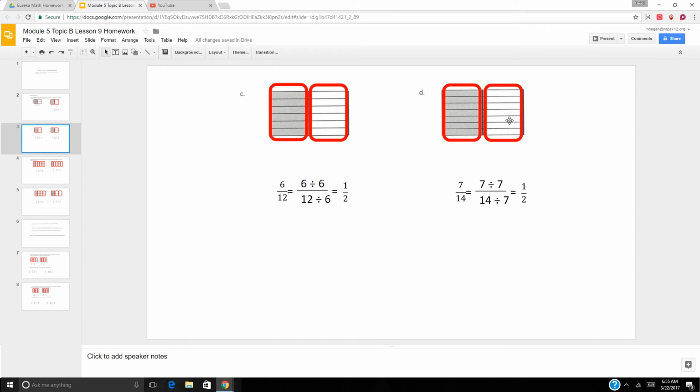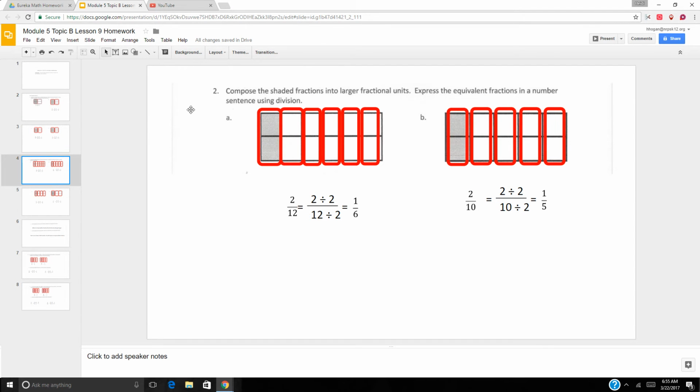This is 7/14. And we're going to compose it into two larger fractional units, and in each fractional unit there are 7. So 7 divided by 7 is 1, 14 divided by 7 is 2. We're going to compose these into larger fractional units.